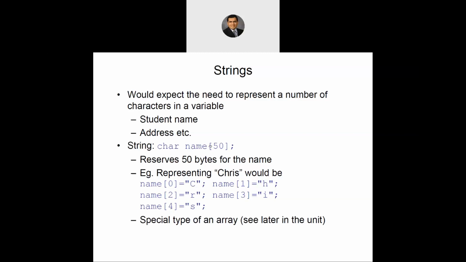It means a size. So here I'm creating a variable known as name, and the size is 50. That means it can store data consisting of 50 spaces. And each subscript has got an address. So here, the first subscript address is 0, and the last subscript address will be 49.